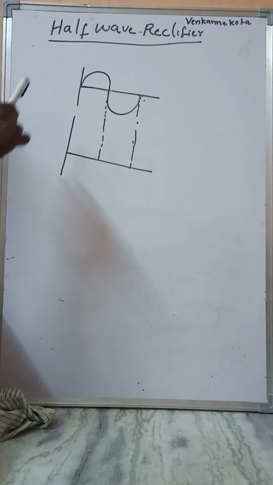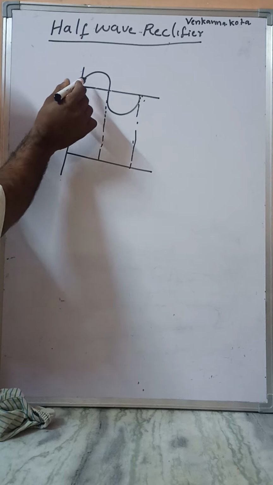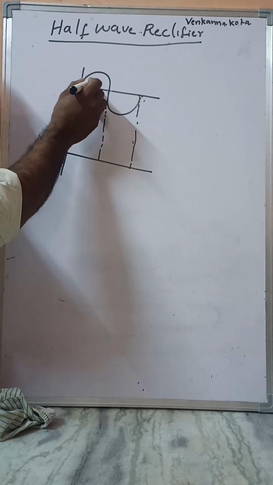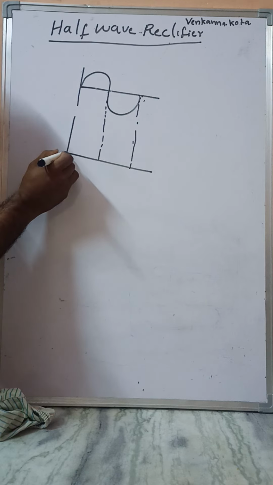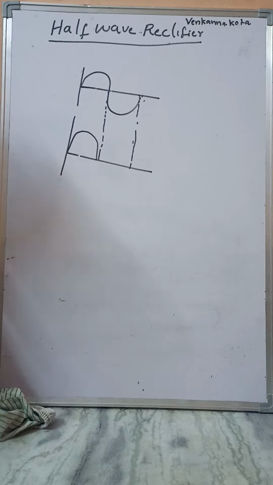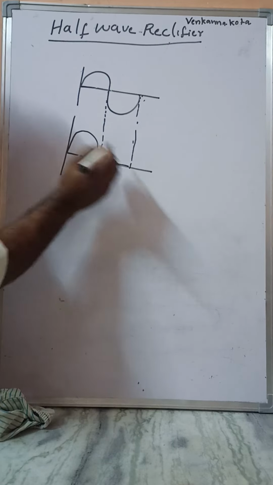This is the input AC signal. In the output of the half wave rectifier, only the positive portion is transferred to the output. During the negative portion, the output is 0.